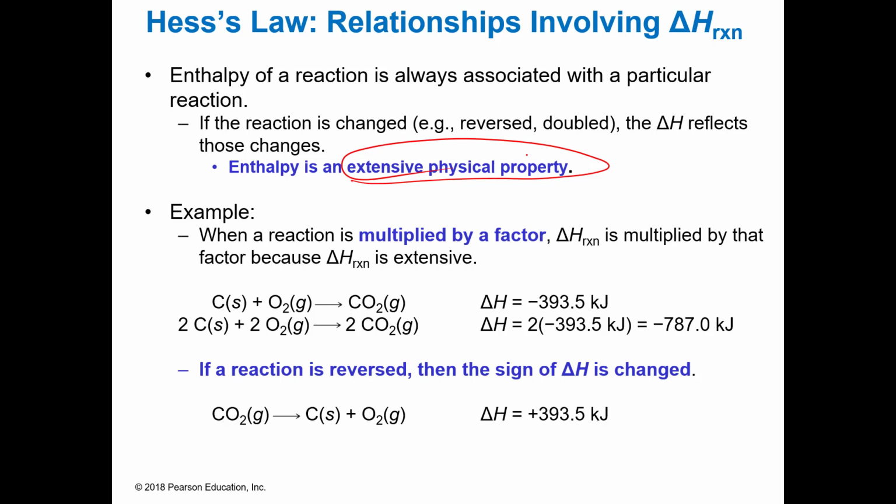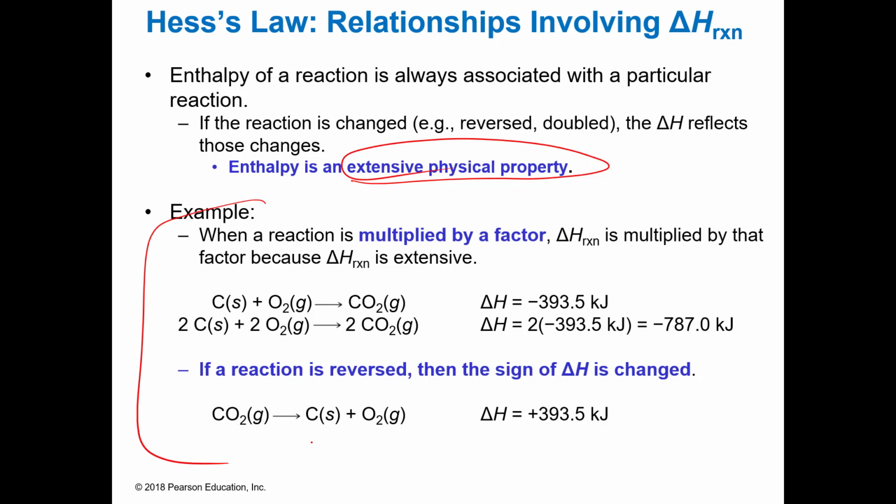So if you multiply the reaction by a factor, then the delta H of the reaction is also multiplied by that factor. Another characteristic of extensive materials is that if you reverse a reaction that it's involved in, then you reverse the sign of the delta H.